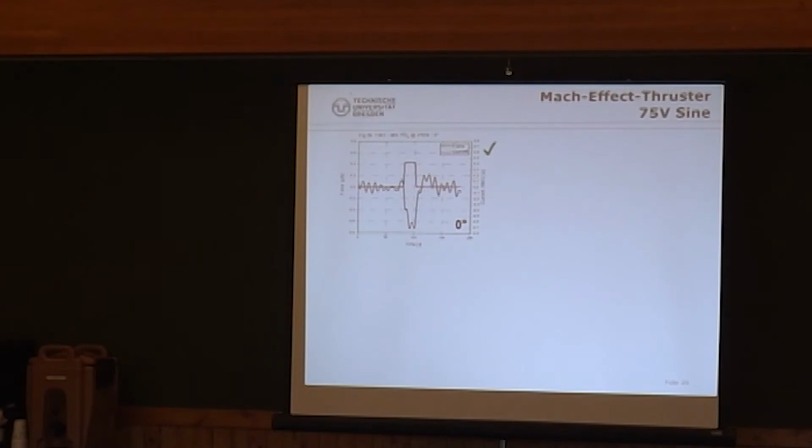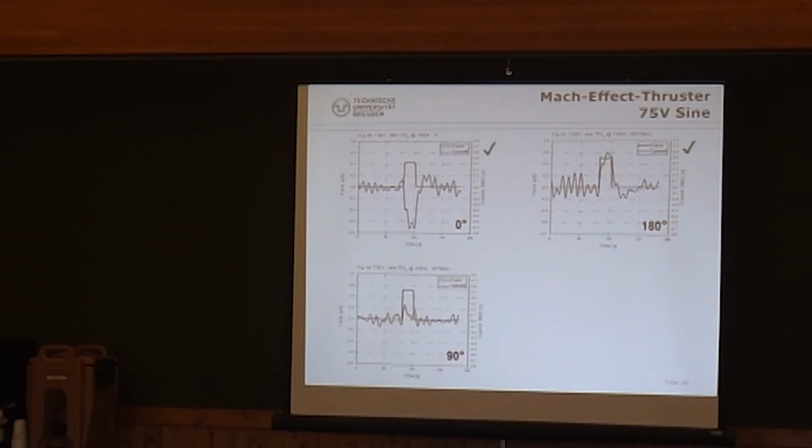So it looks good. We turned our thruster around 180 degrees and did the same test again, same voltage, everything the same. The thrust flipped to the other side, same value, everything looks good. Then we did a 90 degree measurement, where we should see no force, and that looks good. Here we turned the whole box, so all the cables in the box rotated with it.